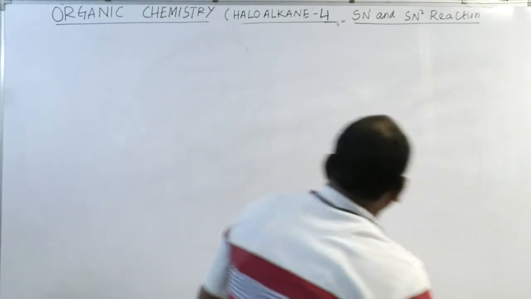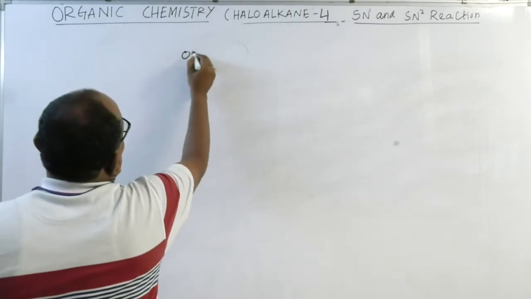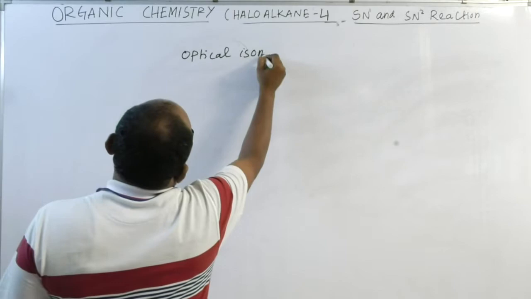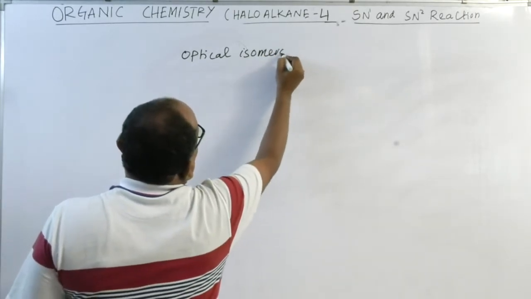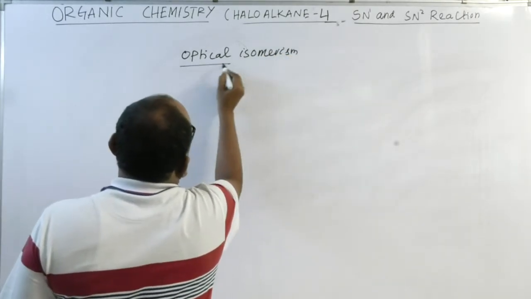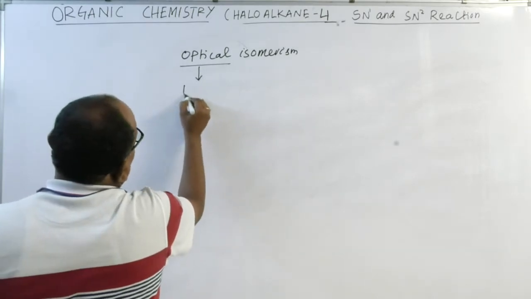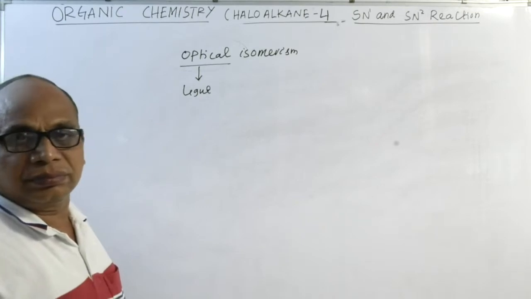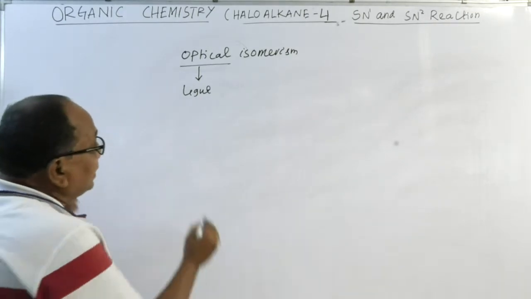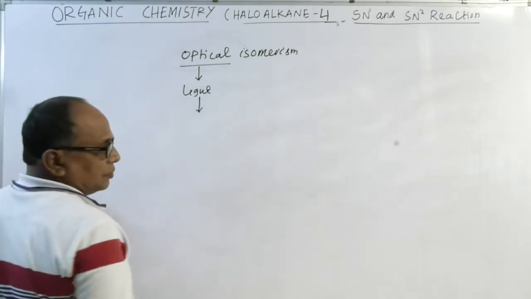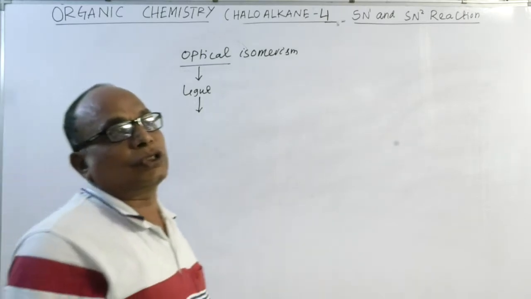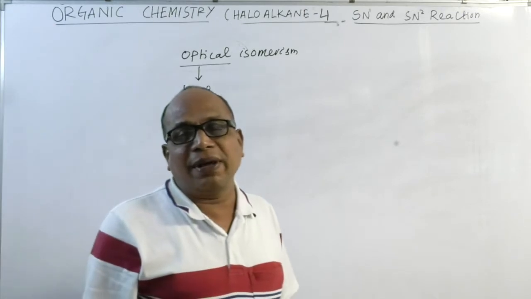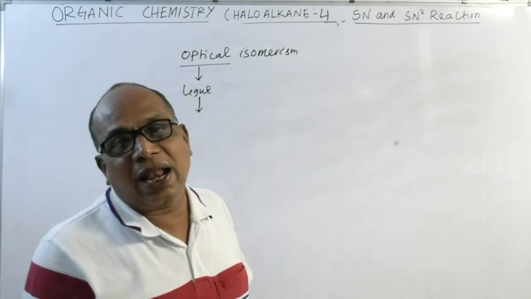What is an optical isomer? Optical isomerism means optical is related to light. Light means one form of energy which consists of an electromagnetic wave.